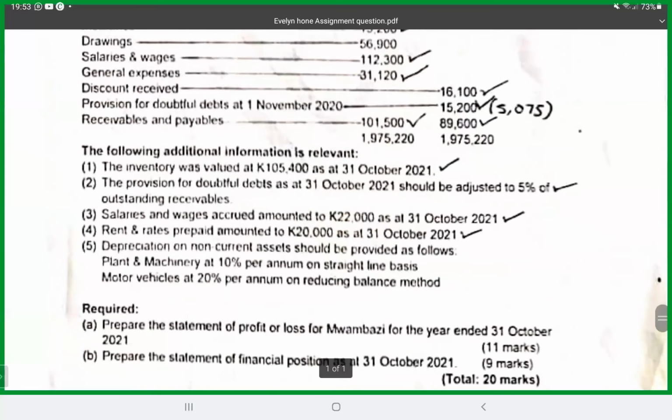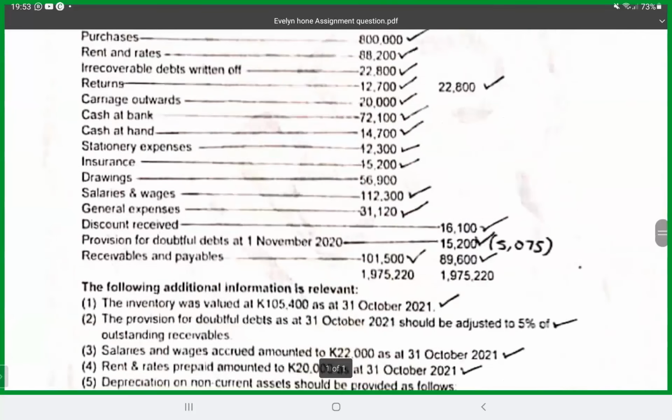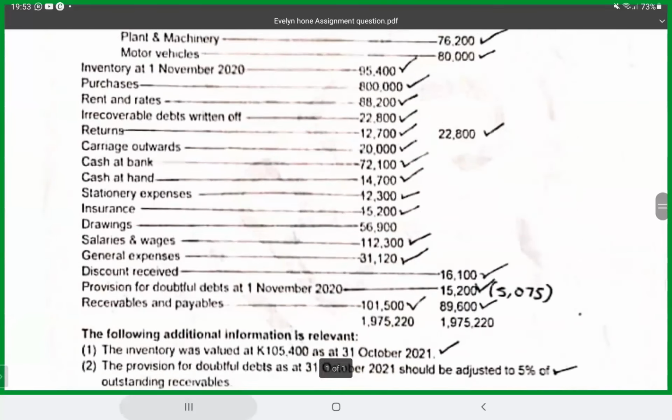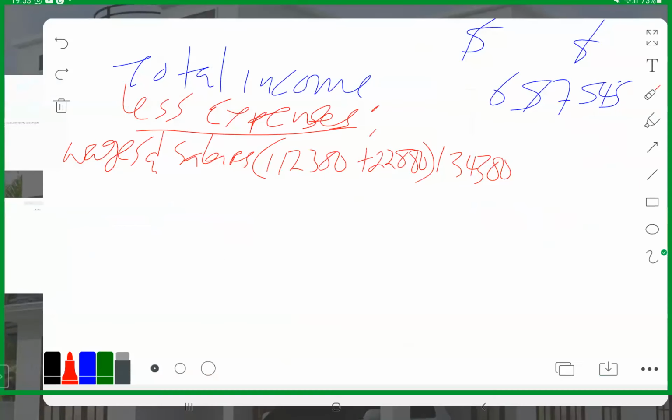On adjustment number 4, we are told that there was a prepayment of 20,000 on the rates. So you have to subtract 20,000 from the 88,200 on rent and rates.